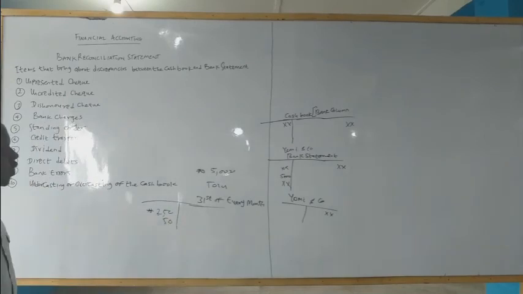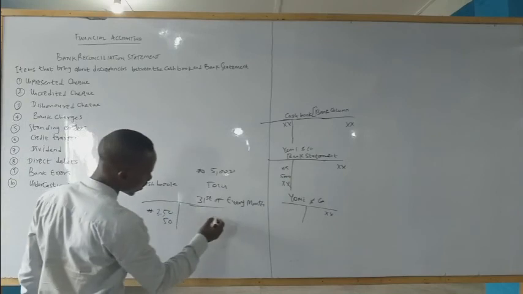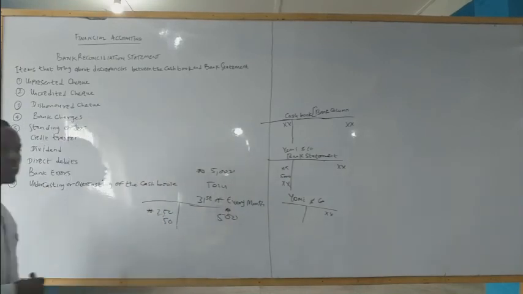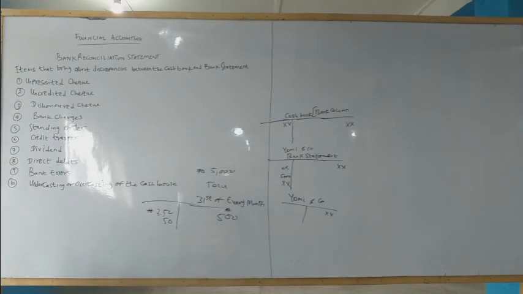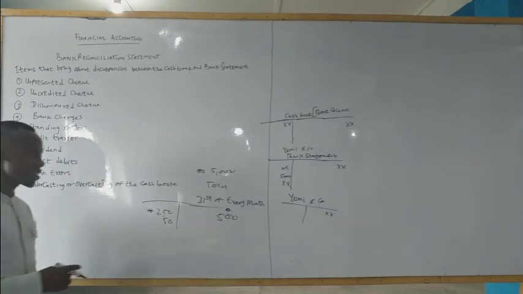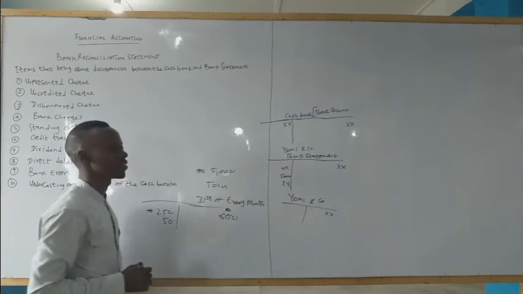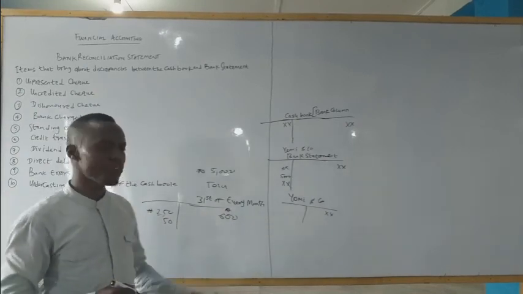But when it comes to overcasting, maybe we are meant to deduct 500 naira in our cash book. We are meant to pay 500 naira out, the actual amount, but instead the bookkeeper wrote 600 naira. So there's a difference of 100 naira.